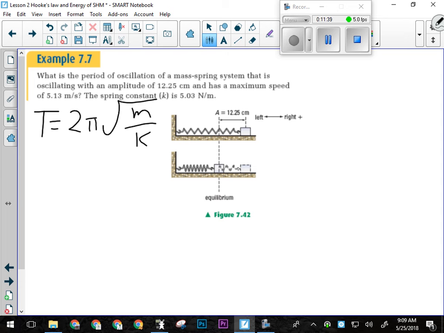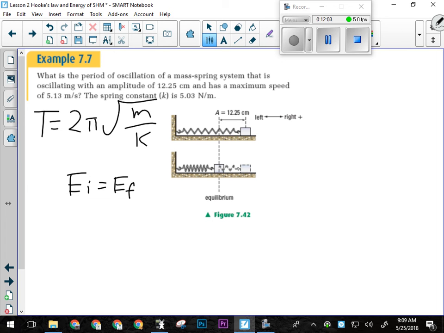I have k, but I don't have m. But they do tell me the maximum speed and the maximum amplitude, which means I could do a law of conservation of energy type situation, which might allow me to calculate what I don't have, which is mass. The last question you did was calculating the mass using the law of conservation of energy.